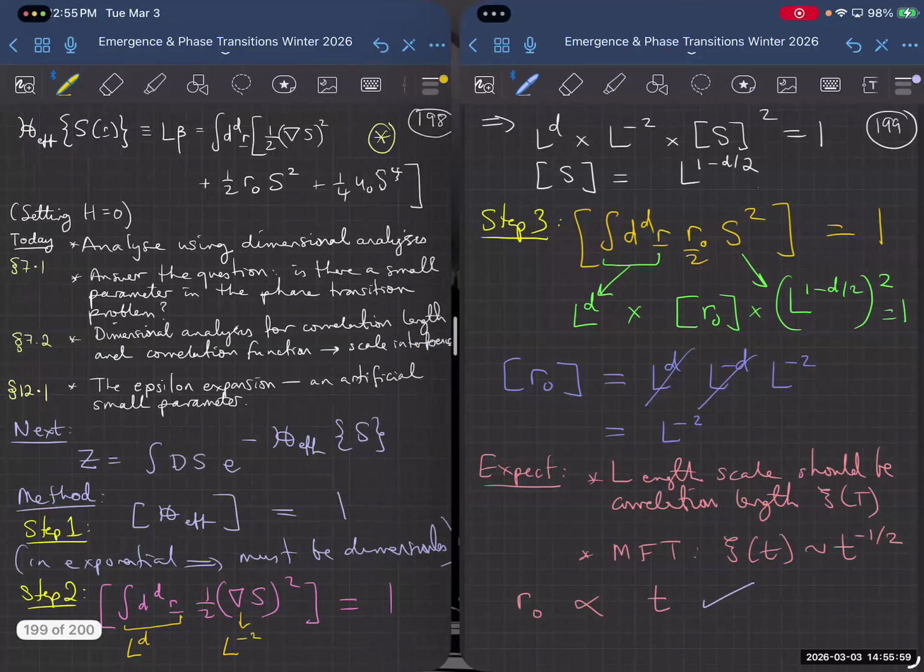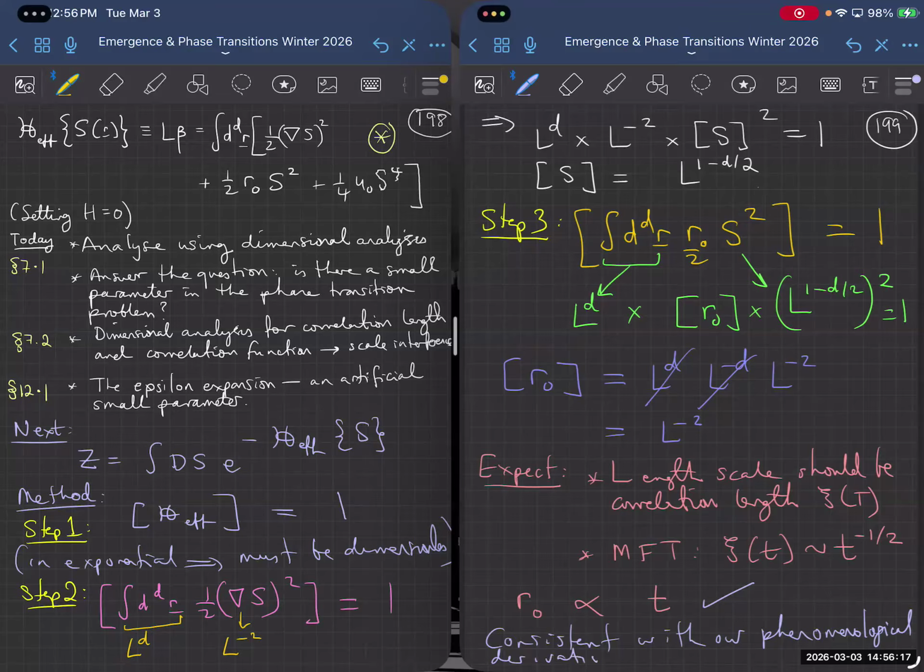So that is indeed consistent. I can just say that this is consistent with our phenomenological derivation of Landau theory.